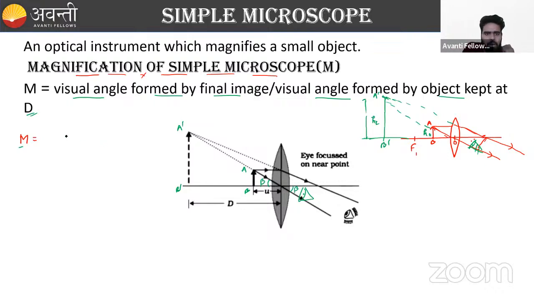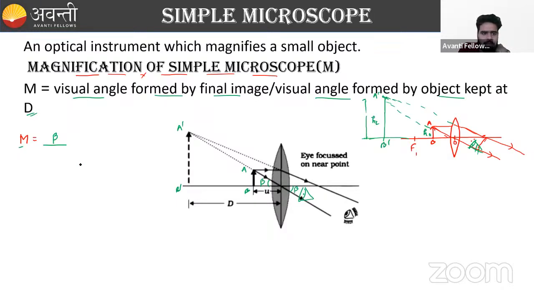So the visual angle formed by the final image is nothing but beta, and the angle formed by the object when it's kept at distance D is alpha. What is the meaning of alpha? Alpha means we are not going to use any type of instrument.